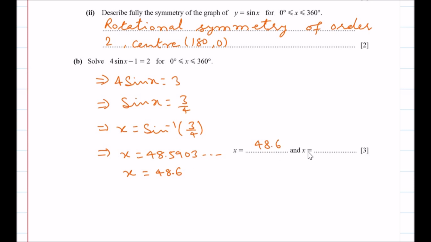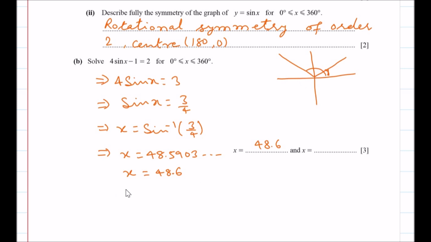Now to find the second value of x, what you need to do? Let's use the CAST diagram. See, sine x equal to 3 by 4, which is positive. So sine x is positive in the first quadrant and the second quadrant. This is your 48.6, this angle. So this will be your second value.